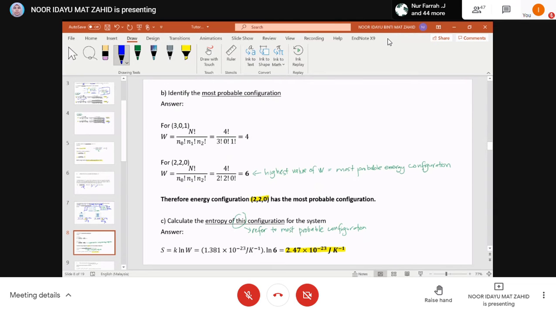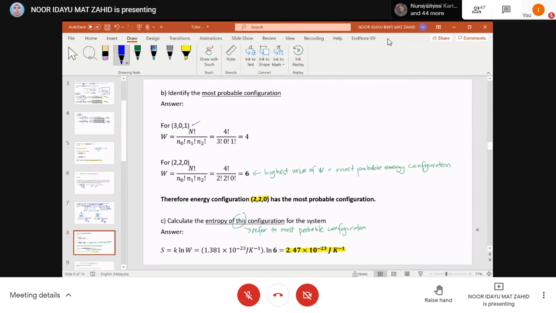So 4B: based on the energy configurations, identify the most probable configuration. For 3, 0, 1, remember, this is how you determine whether it's the most probable configuration or not. You can recall the Boltzmann distribution definition: it is the one with the most number of ways.